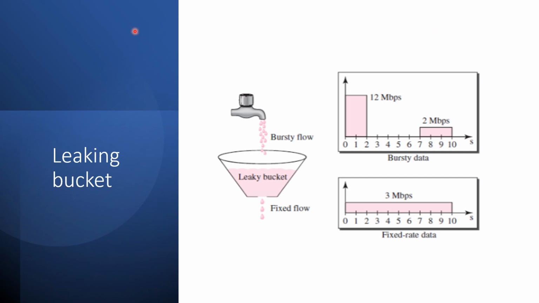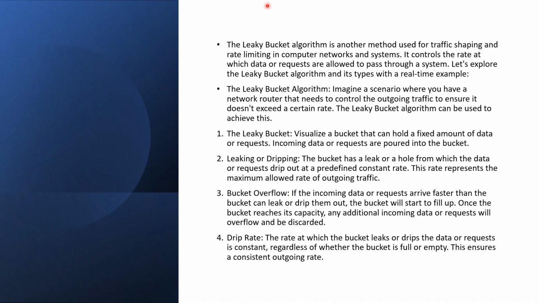The second algorithm, leaking bucket. The leaky bucket algorithm is another method used for traffic shaping and rate limiting in computer networks and systems. It controls the rate at which data or requests are allowed to pass through a system.